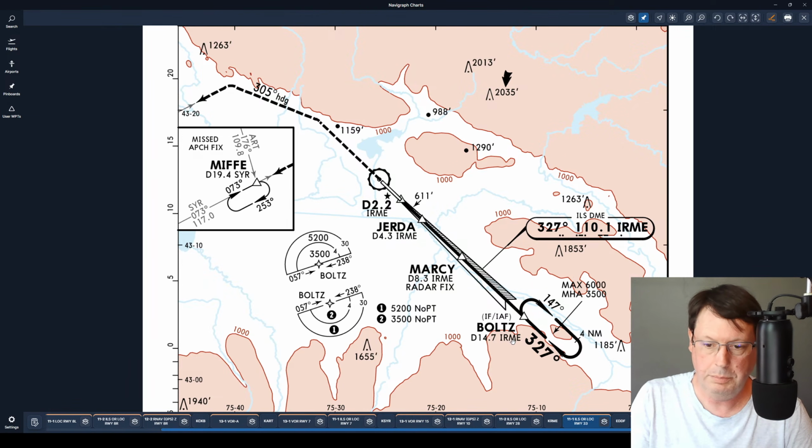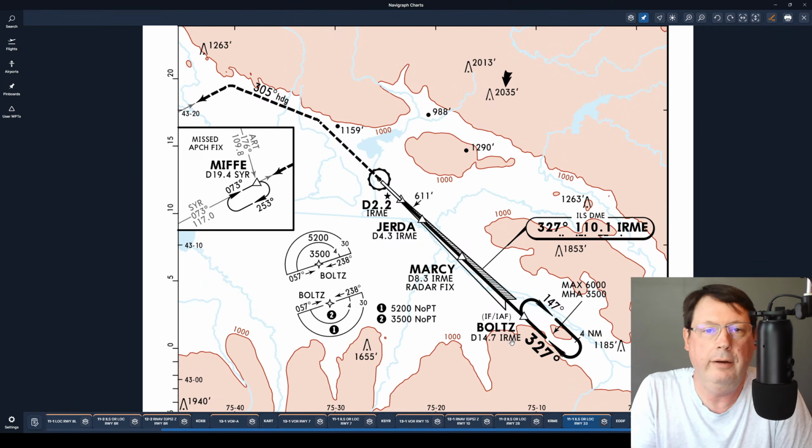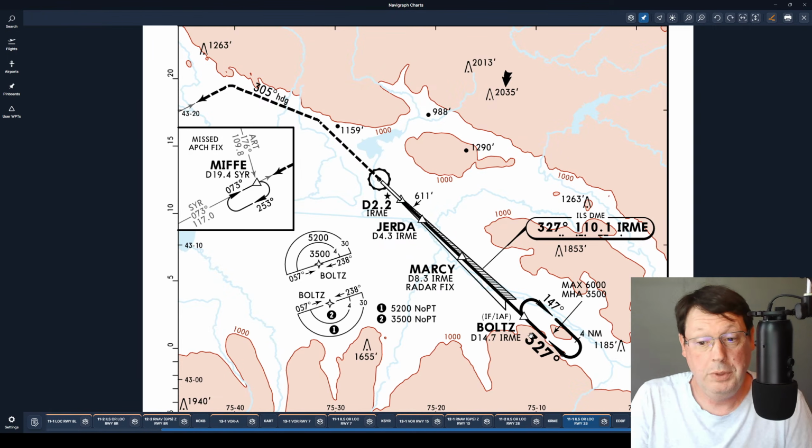So right down here below Bolts, how do you identify Bolts? I told you before, you can fly to Bolts and from Bolts to Marcy using GPS. If you don't have GPS, how would you identify Bolts intersection? The way you would identify it is you would put in the 110.1 frequency.